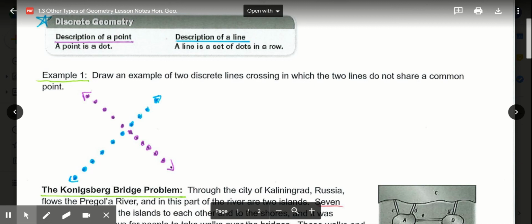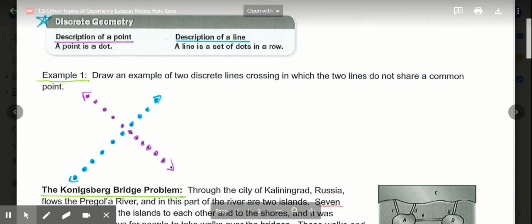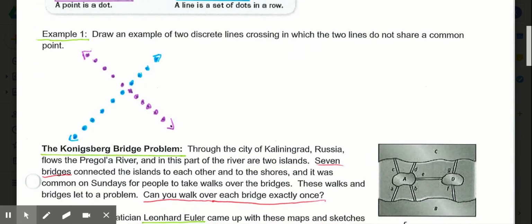It's a set of dots of some size with some space in between them, and it can go on for as long as you decide in a row. These two lines intersect, but there is not a point that's shared between the blue and purple lines. They intersect at a blank space. So that's an example of two discrete lines crossing in which they do not share a common point.